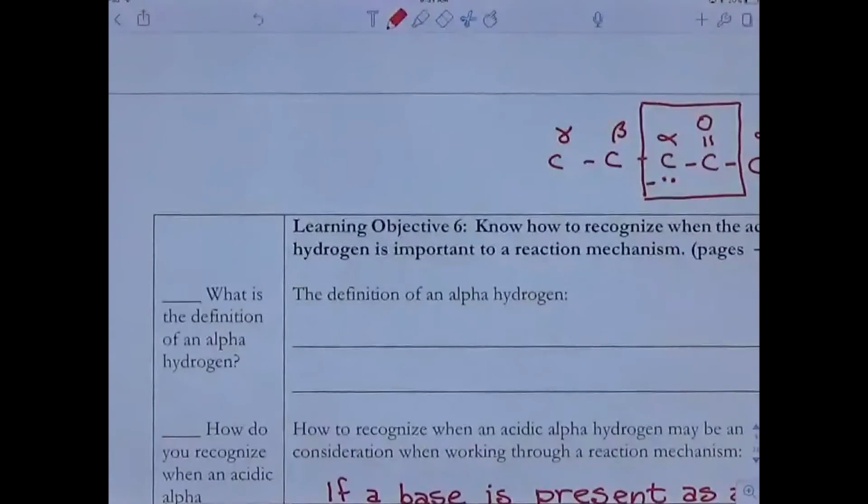You can see that the carbon here has a good partial positive charge on it because it has the two oxygens withdrawing electrons. If you put the base in, OH minus, then that would be attracted to this carbon, right? And the carbon would start to have five bonds, so you have to let go of something.